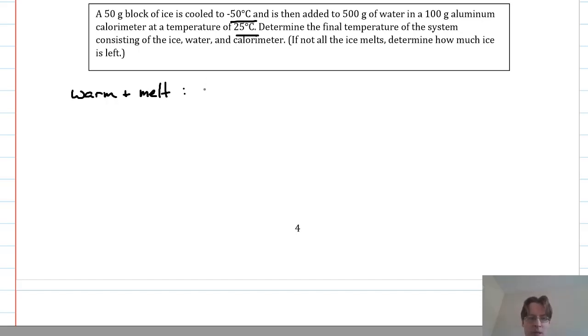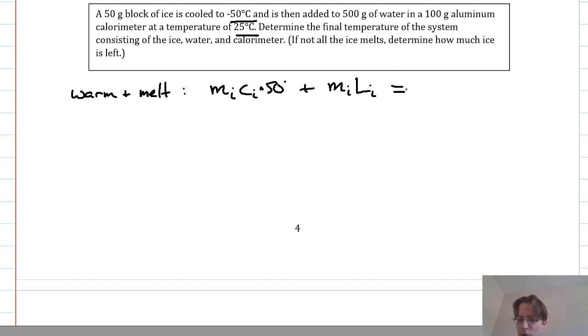Well, that would be the mass of ice times the specific heat for ice, which is about a half a calorie, times delta T, which would be 50 degrees, plus the melting part of it, that's the mass of the ice times L, the heat of fusion, about 80 calories.